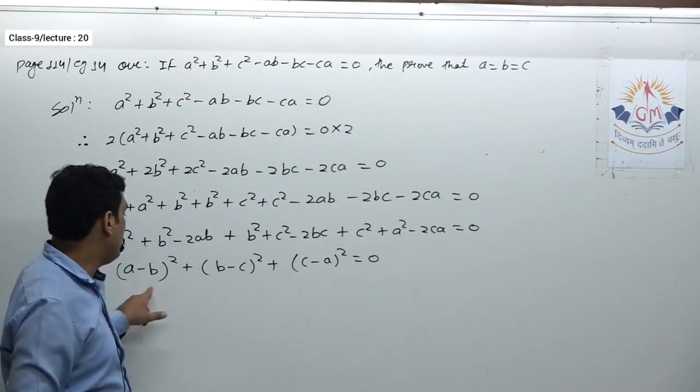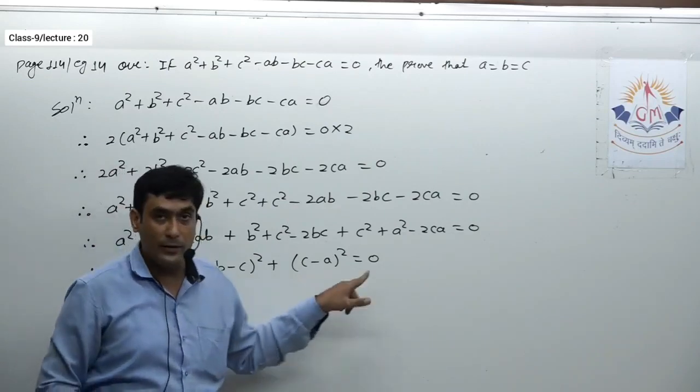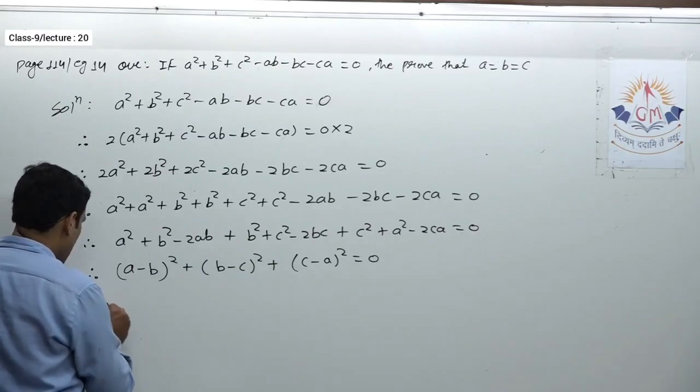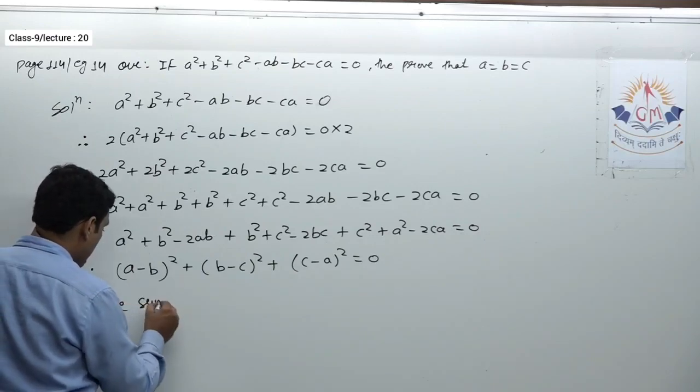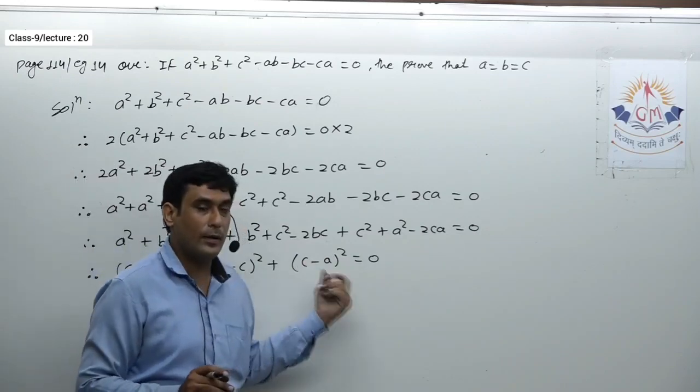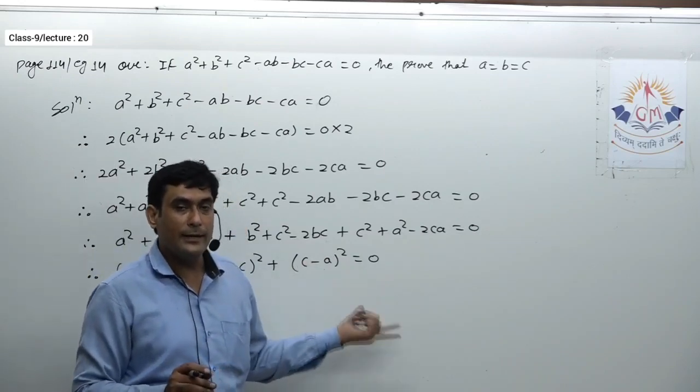Here the sum of three non-negative numbers is 0. See, a minus b whole square, b minus c whole square, and c minus a whole square are perfect squares, they cannot be negative.